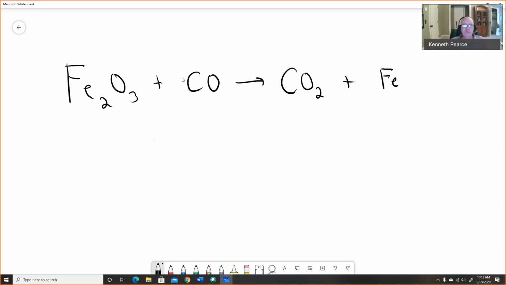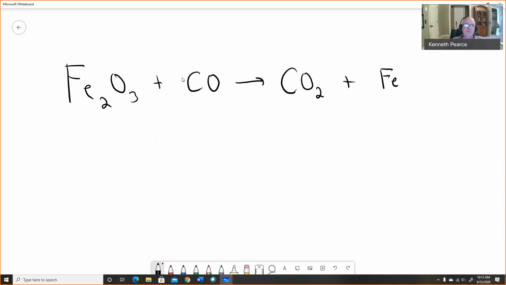And so how would we do this? Well, I look at this equation, and a lot of times where you see an element that appears in more than one place, in other words, the iron oxide has oxygen, the carbon monoxide has oxygen, and the carbon dioxide has oxygen, you have to look at it as, where does it go?